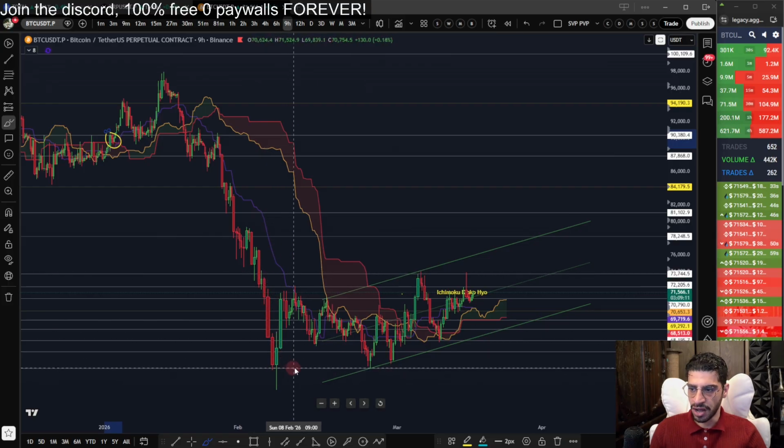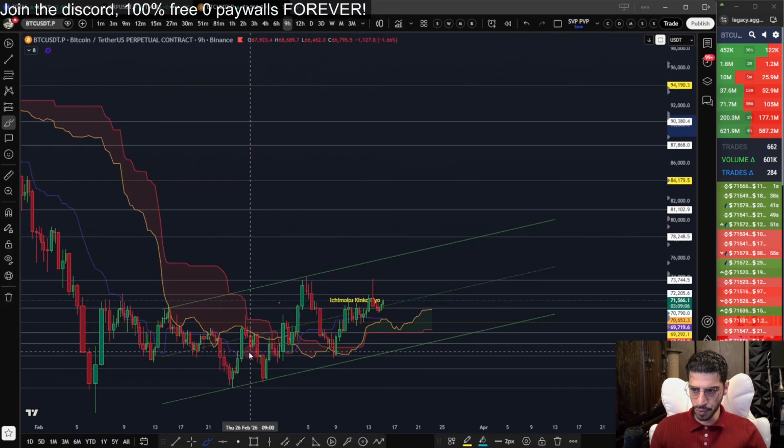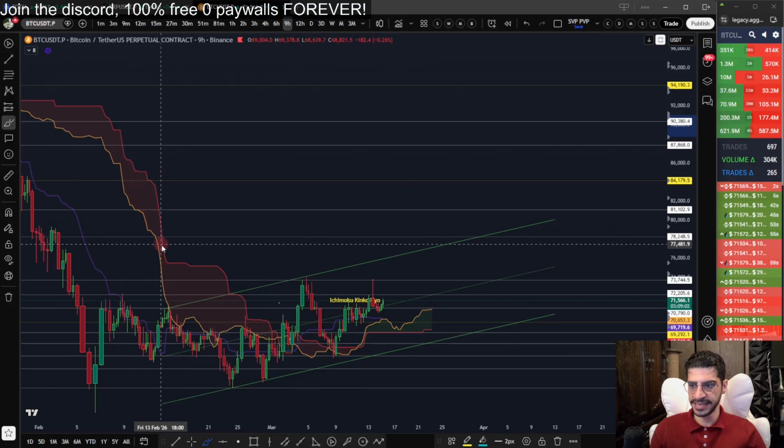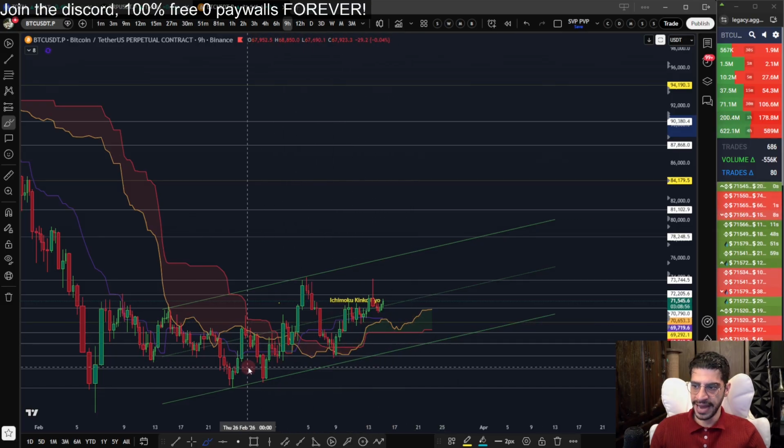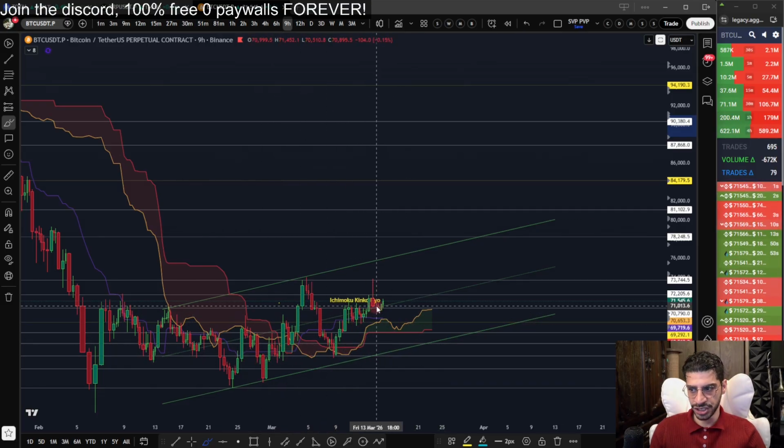Now that we've consolidated a little bit and gone sideways, we've given this enough time for the price action and the support band to show that we are, in fact, creating a little bit of support. And now we're trading above the 9-hour Ichi again.